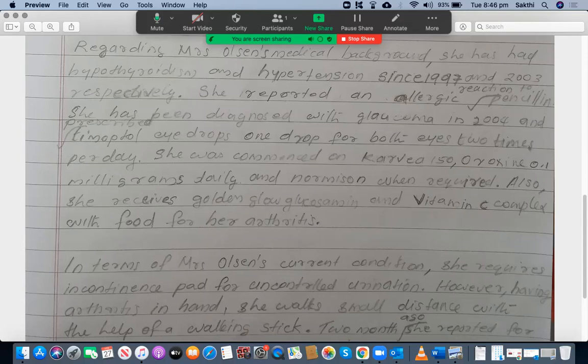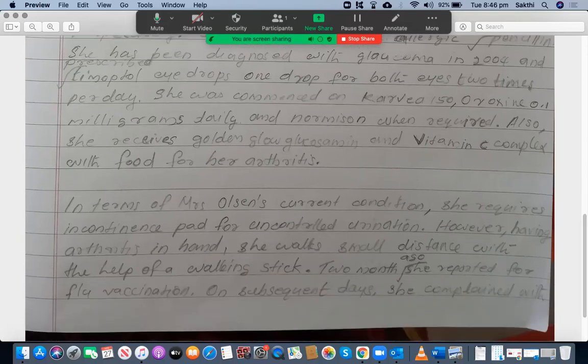That's good. I'm happy with that. She was commenced on Carvia 50, Oroxin 0.1 milligrams daily and Normicin when required. That's good. Also, she receives Golden Glow glucosamine and vitamin C complex, I think with food, for her arthritis. Yeah, I'm happy with that. There is no issue here.